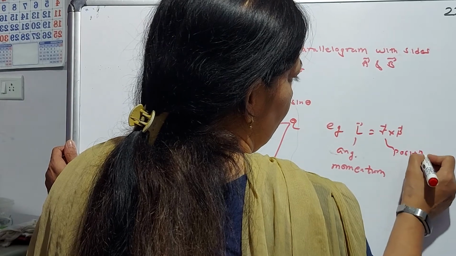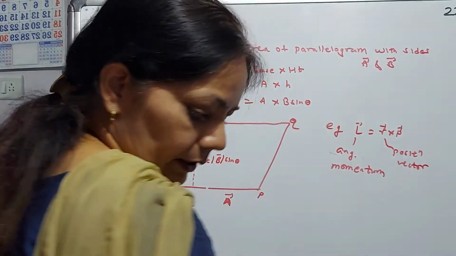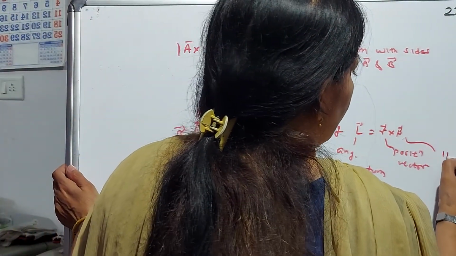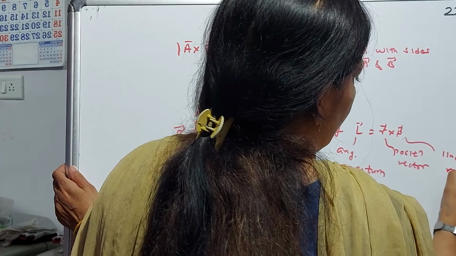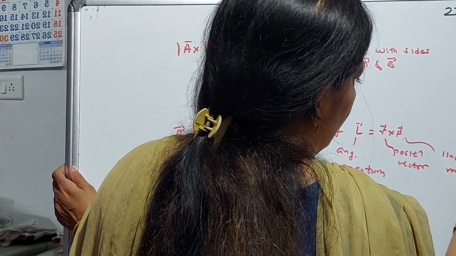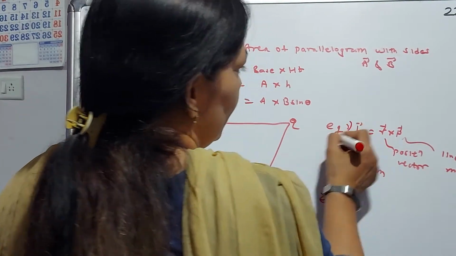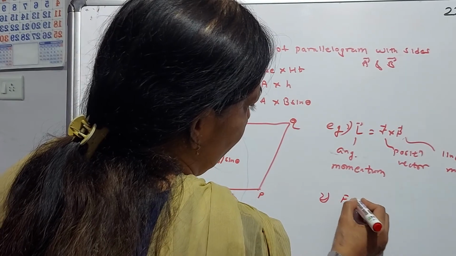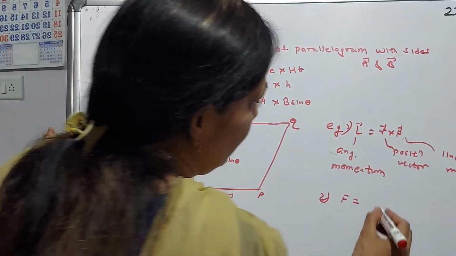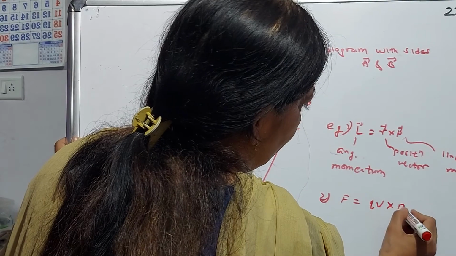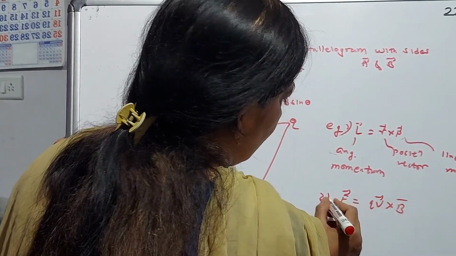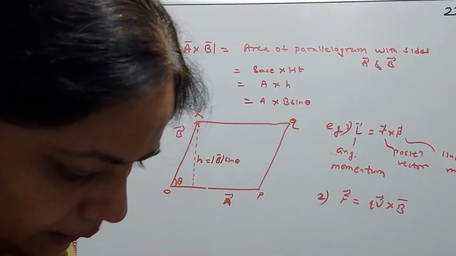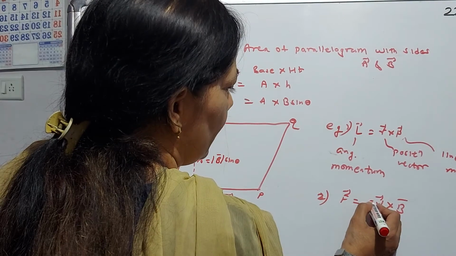This is the first example. Second example, the force acting, correct, will be nothing but q V cross B, where V is velocity and B is the magnetic induction. So even this way we can write the second example also.